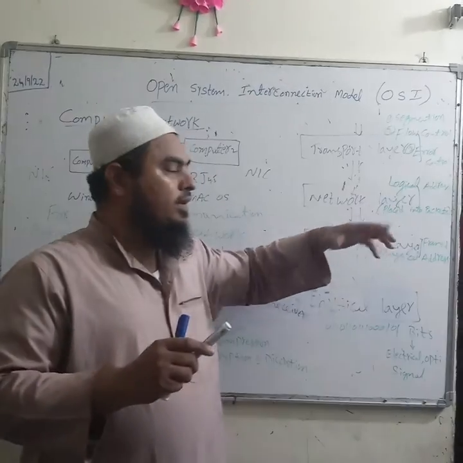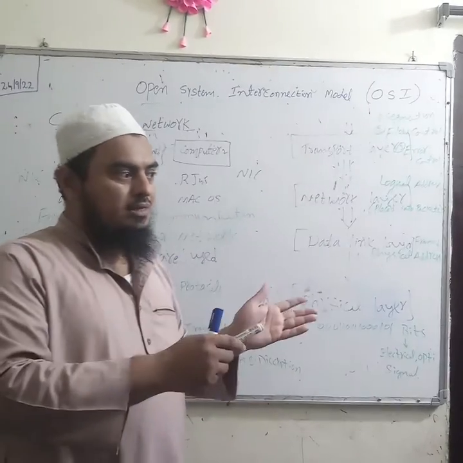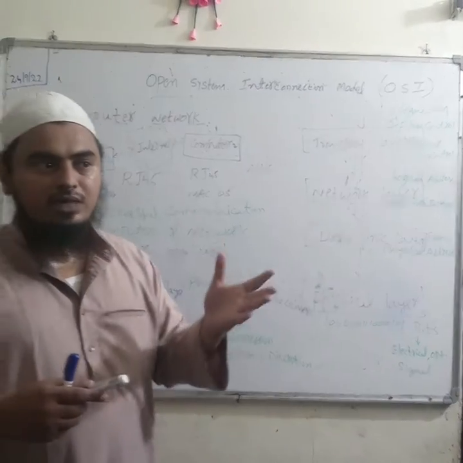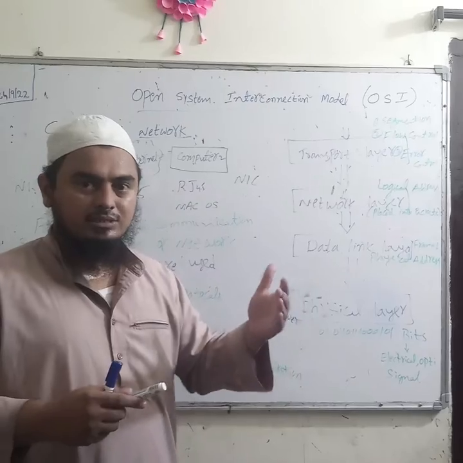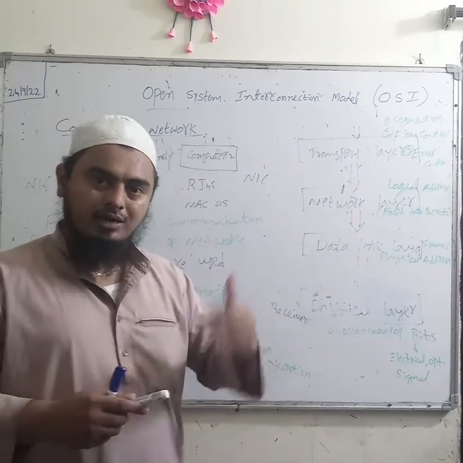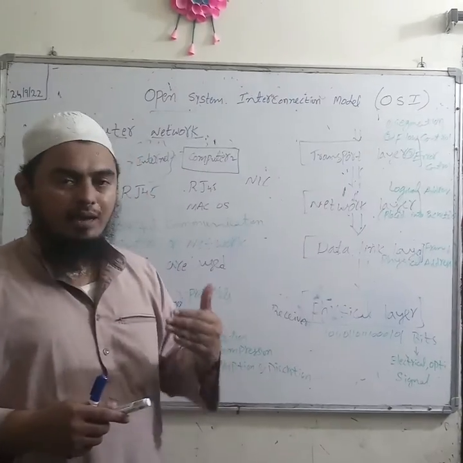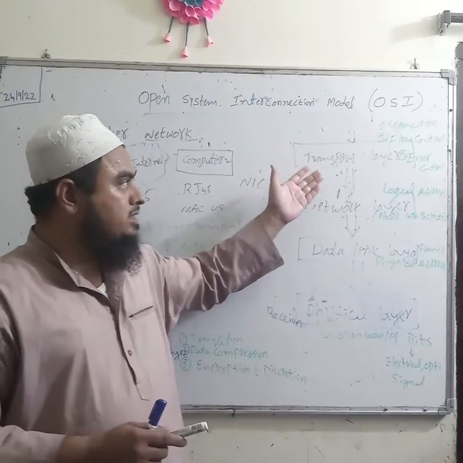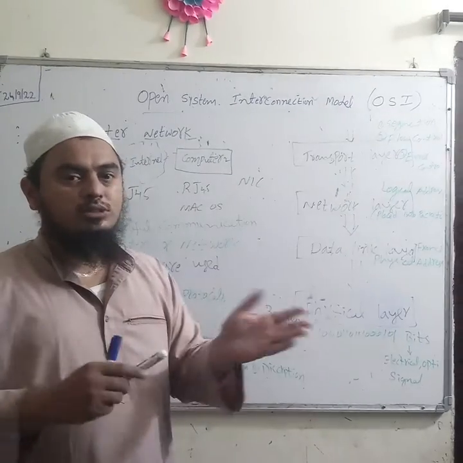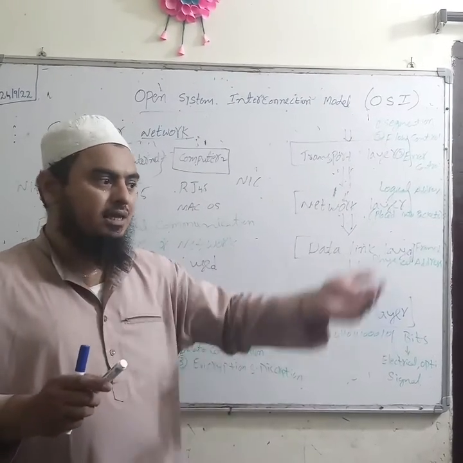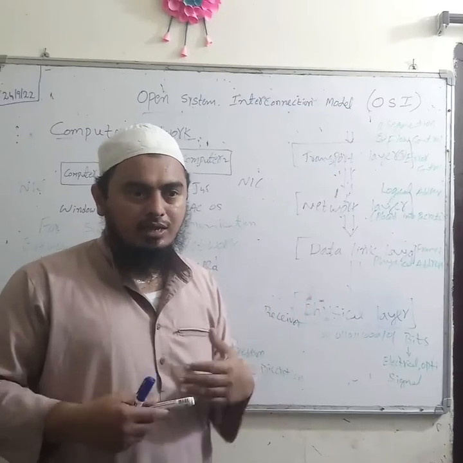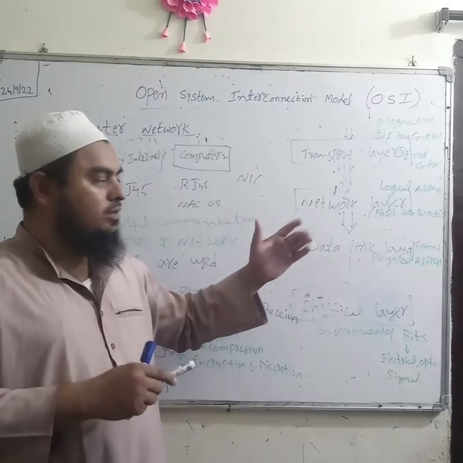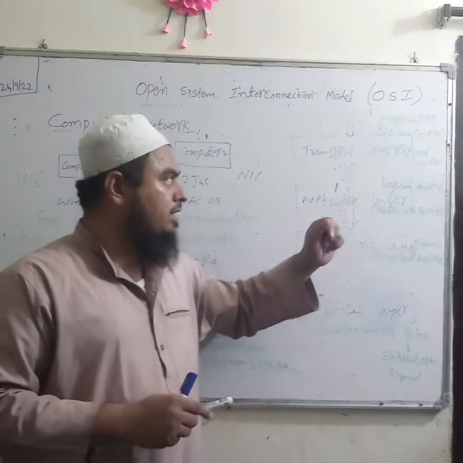Then flow control: for example, we are accessing a computer that can transmit and receive data at 100 Mbps, but the laptop or mobile can handle only 10 Mbps. So the transport layer informs the computer that I can accept only 10 Mbps of data. That is flow control, done by the transport layer.